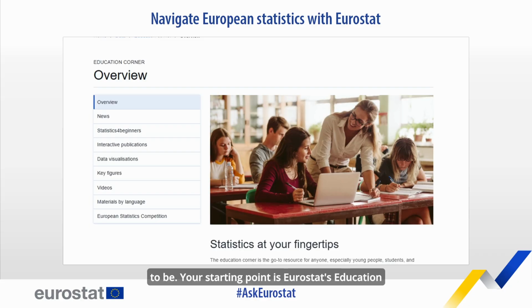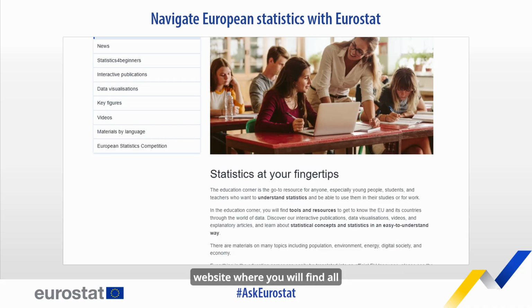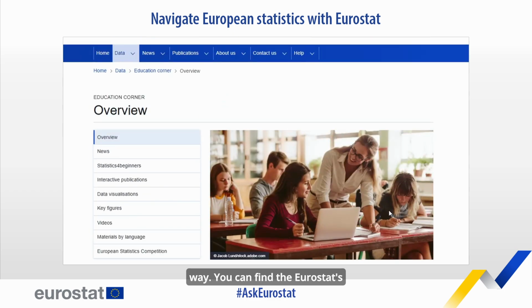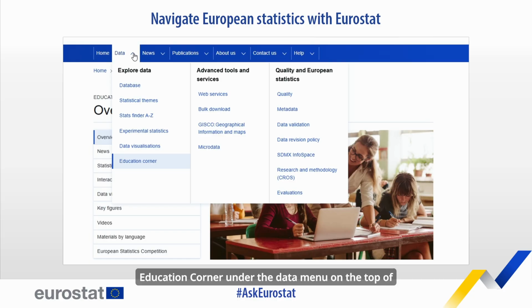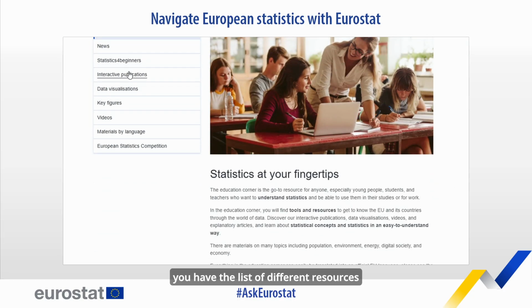Your starting point is Eurostat's Education Corner. The Education Corner is the place on Eurostat's website where you will find all the resources and tools to discover statistics in an easy way. You can find it under the Data menu on the top of Eurostat's homepage. On the left side, you have the list of different resources and materials.